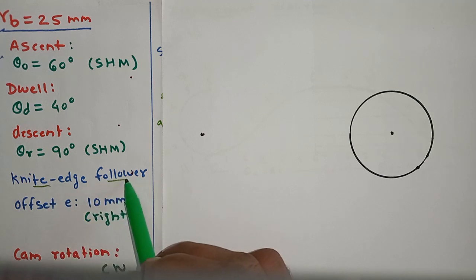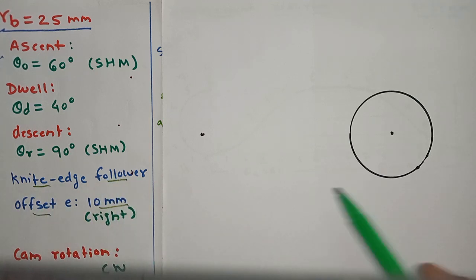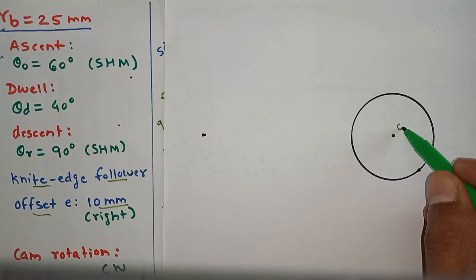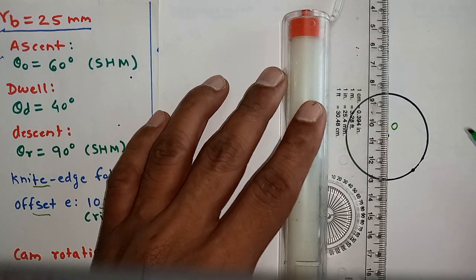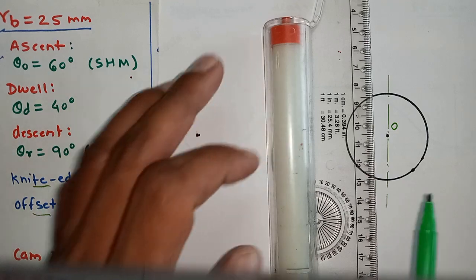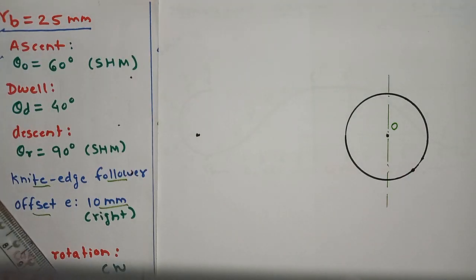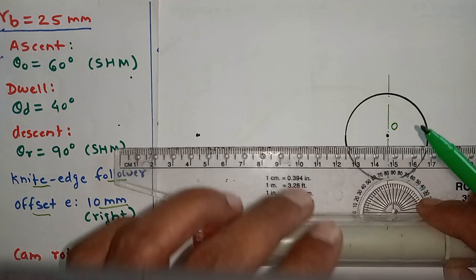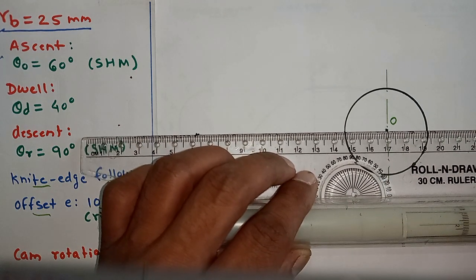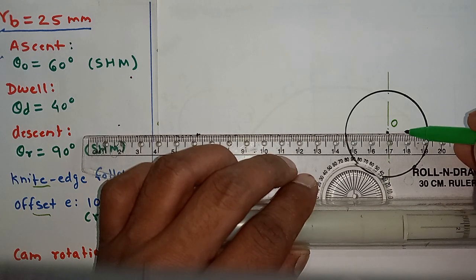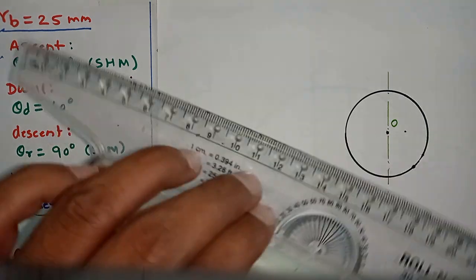Now let us draw the position of the follower. The follower is a knife edge follower, and the offset distance is 10 millimeters towards the right from the center of rotation of the cam. I will name this center as O. We'll draw the axis. The follower is at a distance of 10 millimeters towards the right.